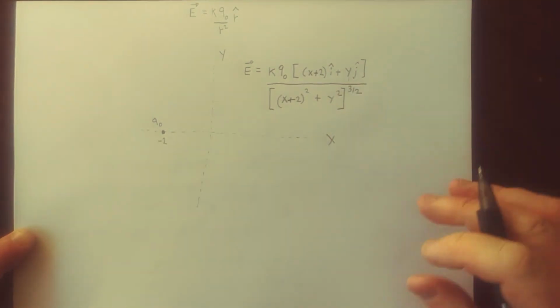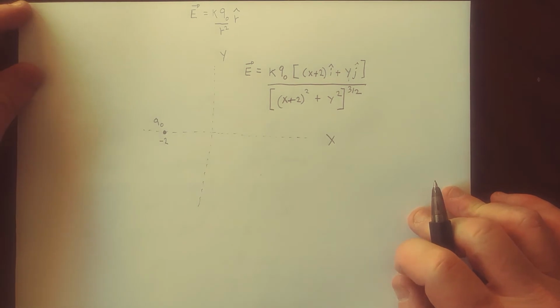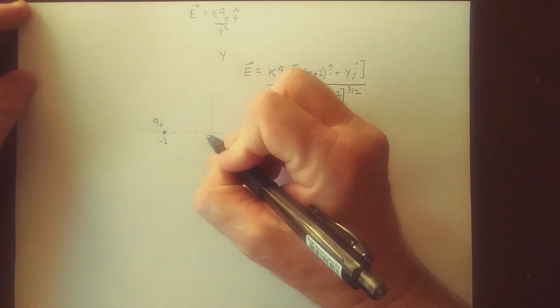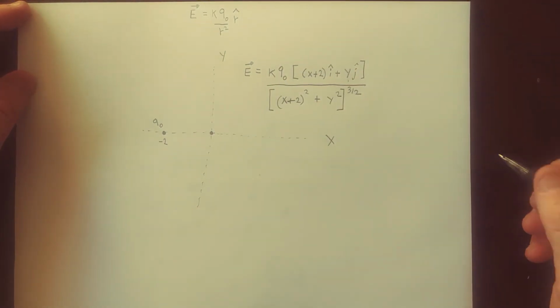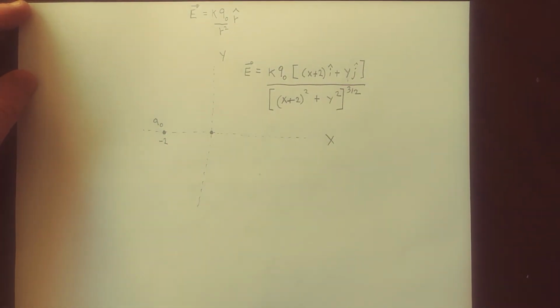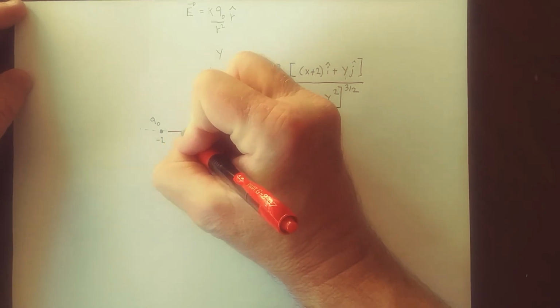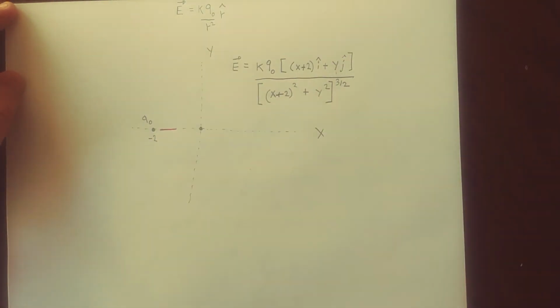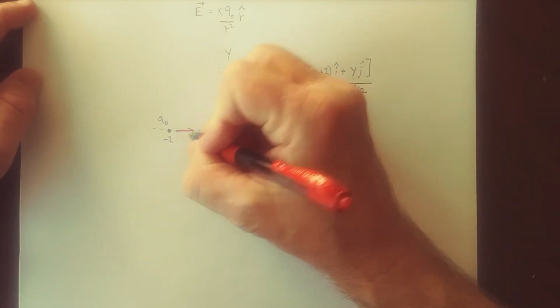Okay, so now we want to show what the electric field reduces to at some specific location. So let's say we want the electric field right here at the origin. Now we know that electric fields diverge radially away from charged particles. So if in red we draw electric fields, the electric field has to diverge radially away. So an arrow there would look like that.